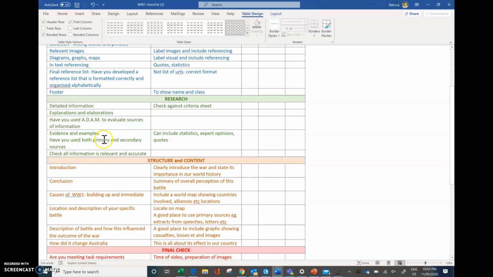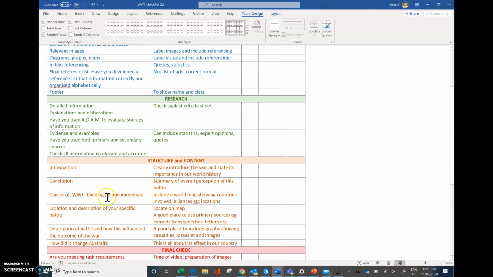The images are most likely going to be primary. Check all information is relevant and accurate. Do you have an introduction that clearly introduces the war, and states its importance in our world history? Do you have a conclusion? Hopefully not straight after the introduction, but a summary of overall perception of this battle.